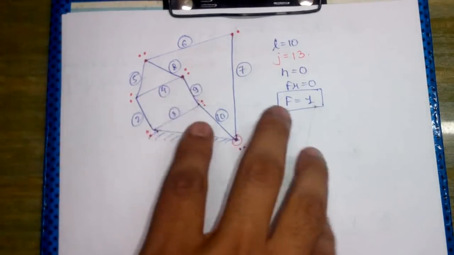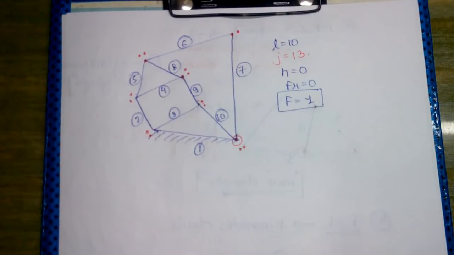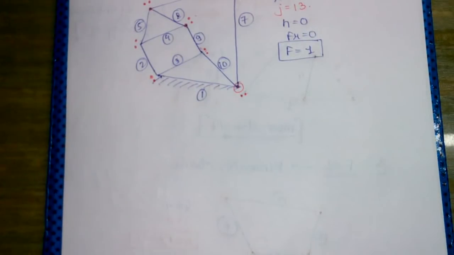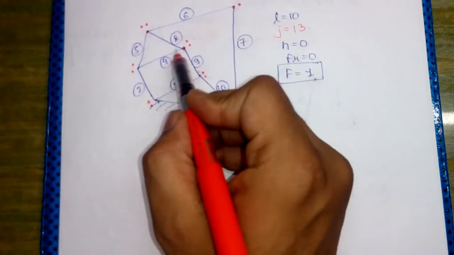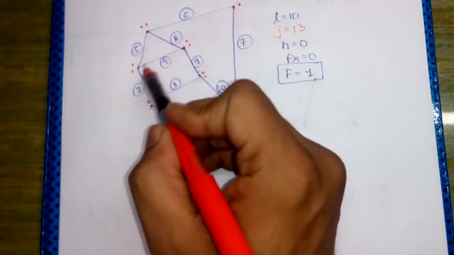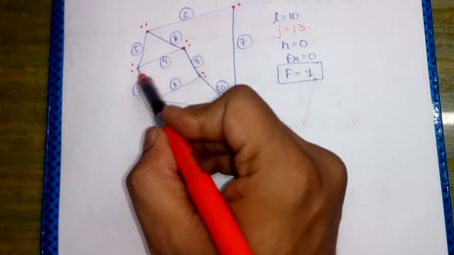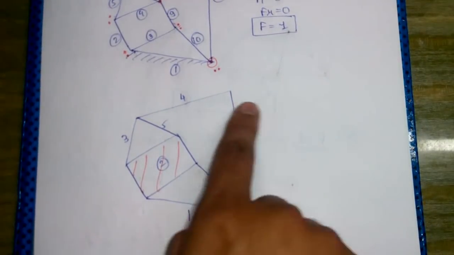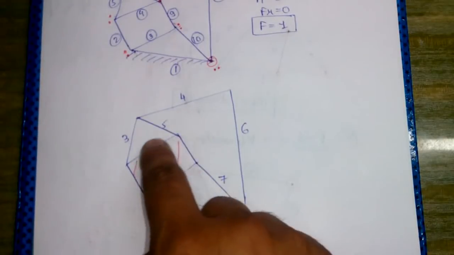Now how can this example be modified? For example, in this example we consider this part as one link. In the above example we had considered this part as one complete link.